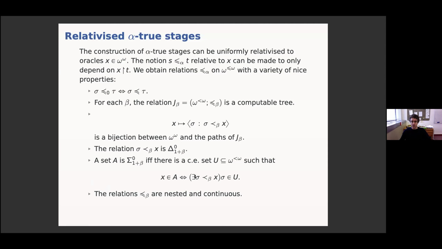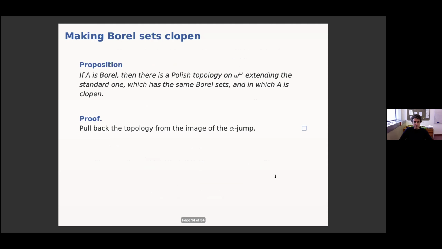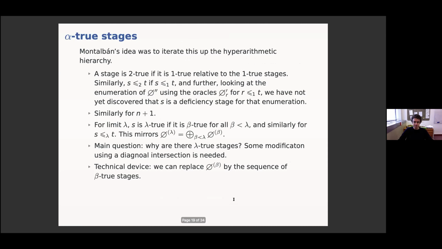I'm looking for strings that think that you're in the open set and are true for that real X. So this is just another way of saying the same thing, but using a particular technical device that has extra nice properties.